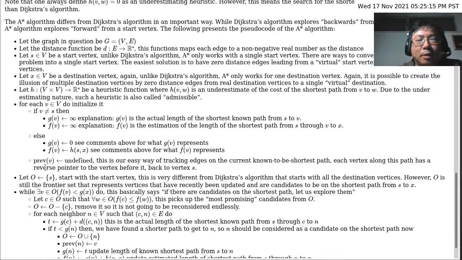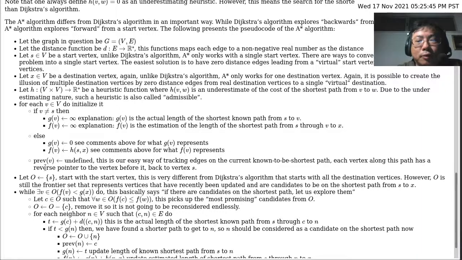So if you think about a singly linked list, this is basically just a pointer to say, oh, I got here because I came from blah. I came from that vertex over there. So before we explore the graph in any way, all we can assume is I really don't know how I got here, because I don't even know whether vertex v is reachable from the start vertex or not.